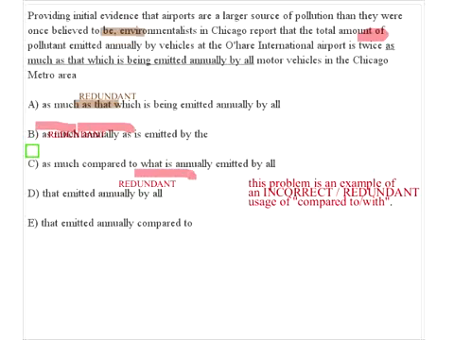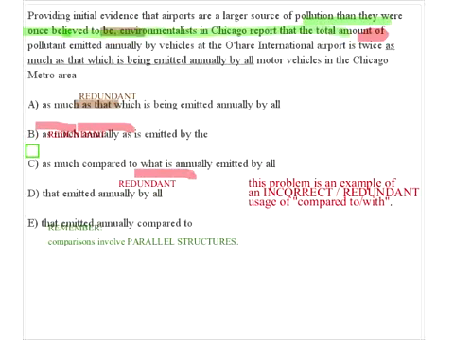Remember, comparisons involve parallel structures. The first part of the comparison is the total amount of pollutant emitted annually by these guys.